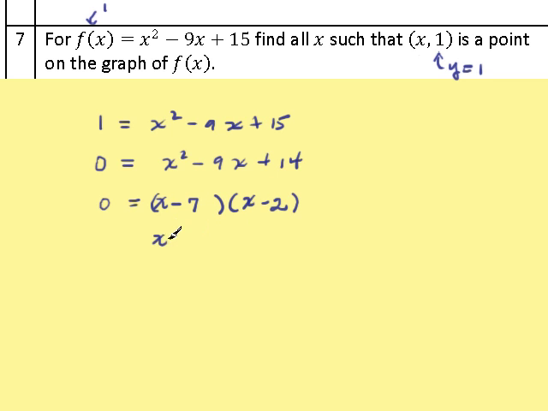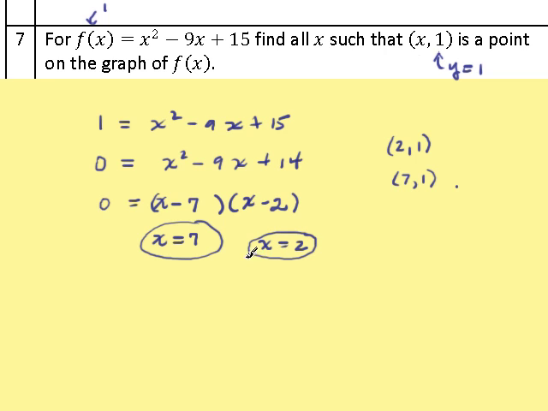So we have 2 solutions, 2 x values. All right, so we have (2, 1) is a point on the graph, and also (7, 1) is a point on the graph.